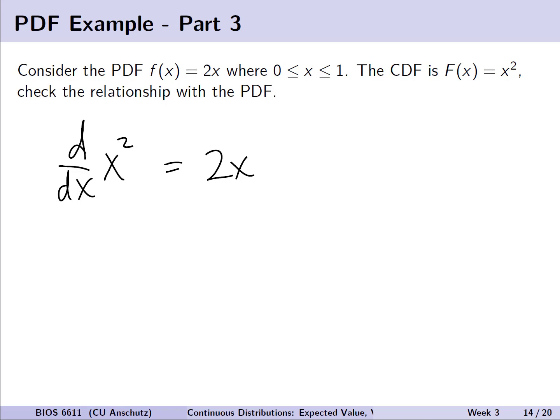You'll also note, if you're taking theory this semester or in the future, you'll learn more about how you can go from the PDF to calculate the CDF, or identify different terms that might be needed to make sure the CDF does actually derive to the PDF in a problem.